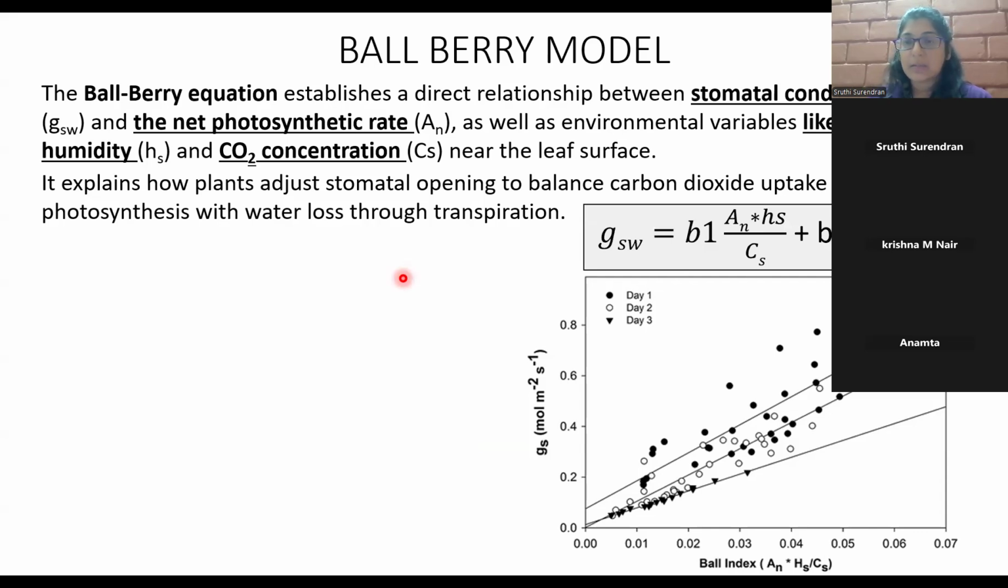And the model is nothing but a linear regression model that has been developed with the slope quantity, the dependent variable, and the independent variable being this Ball-Berry index. You see here An into Hs by Cs is the Ball-Berry index, and then b0 is the intercept value. So this is nothing but an equation of the line in the format y is equal to mx plus c.